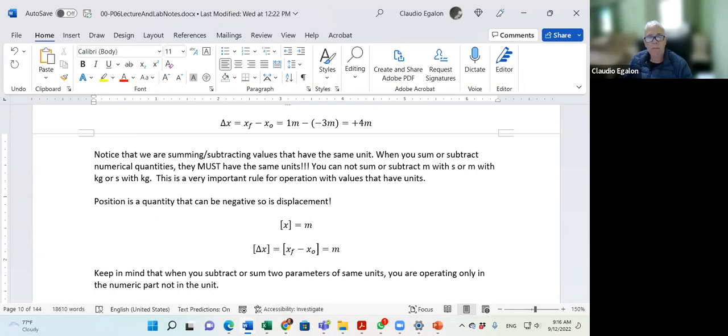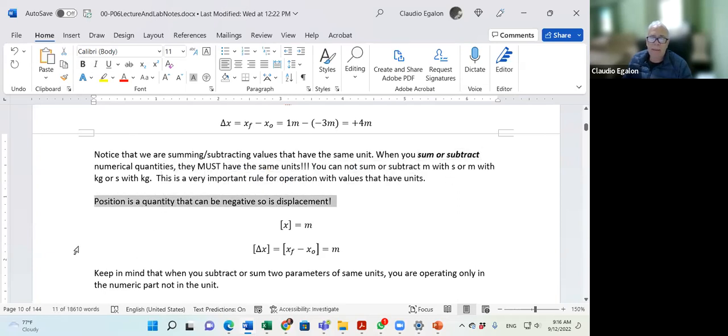But remember, I put it specifically for sum and subtraction. I didn't say anything about division and multiplication. I said only sum and subtraction.